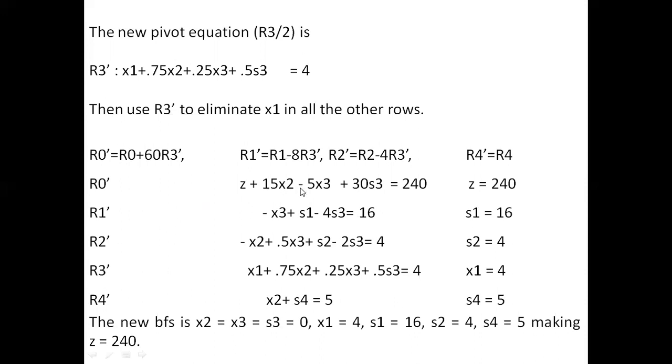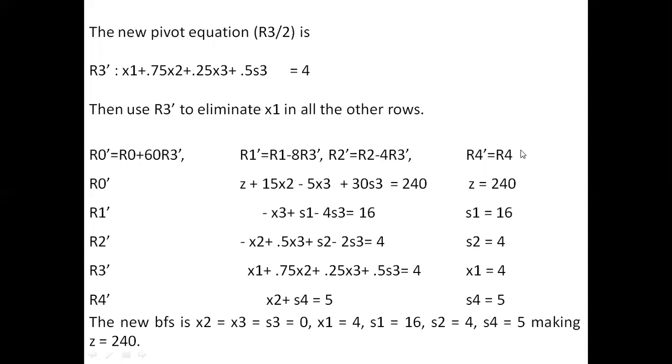Hence, z plus 15x2 minus 5x3 plus 30s3 equal to 240 after performing row 0 plus 60 R3. So 60 has been multiplied with respect to the R3 equation, and upon adding this row 0 with the 60 R3 obtained equation, R4 is equal to R4.